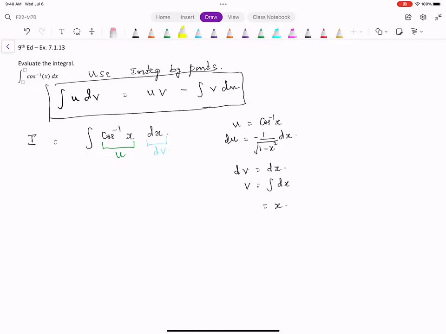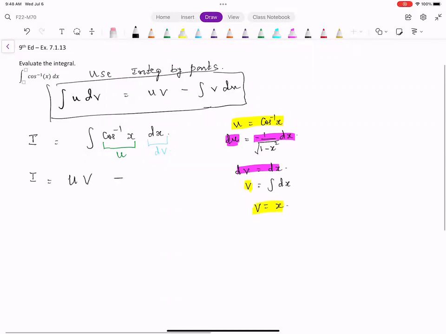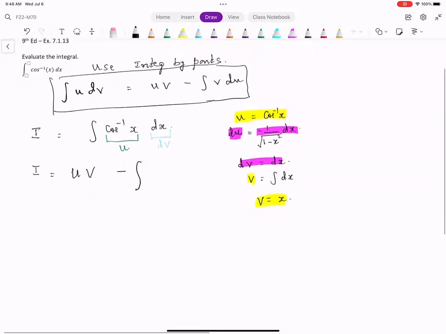So now we know u, we know v, which is equal to x, then we know du, then we know dv. Okay. So let's use the integration by parts formula here. I'm going to substitute these values, uv minus integral v du.